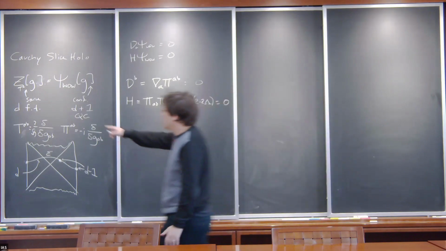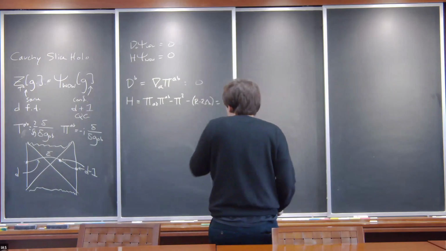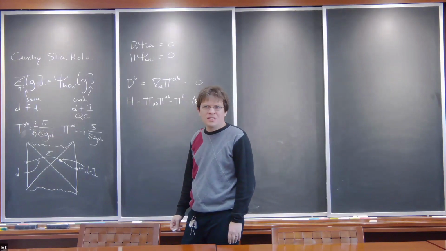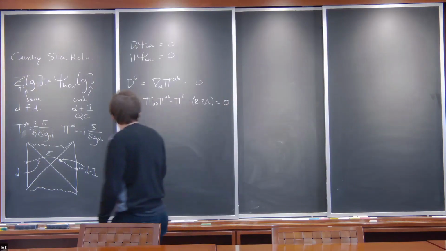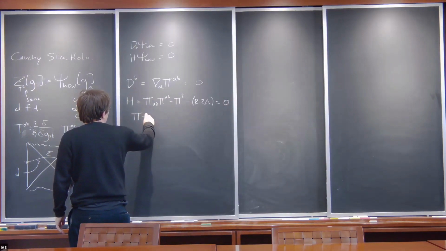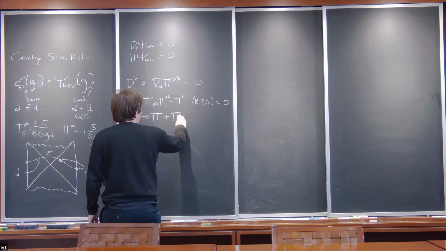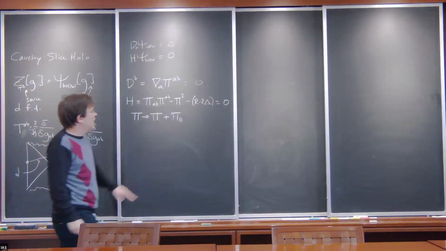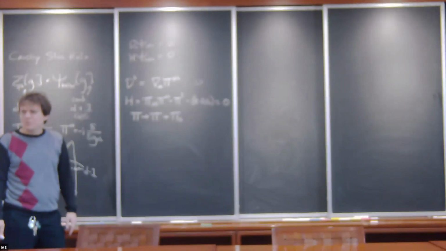So this is definitely not going to be a CFT, but you can show it's a deformed CFT, and this is how. So what you do is you imagine just adding a 2D cosmological constant to this theory. This is just a sort of counterterm, so it's really purely conventional. So I can shift pi goes to pi plus some constant. And when I do that, I can pick this pi naught to complete the square and eliminate this lambda term.